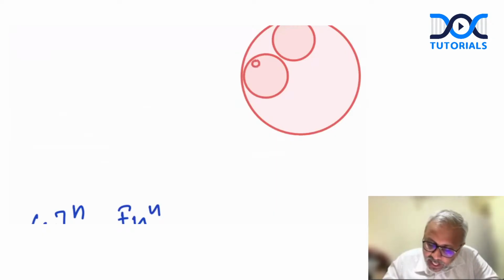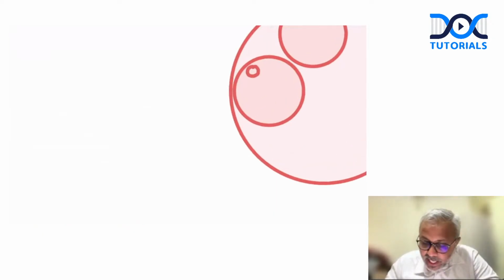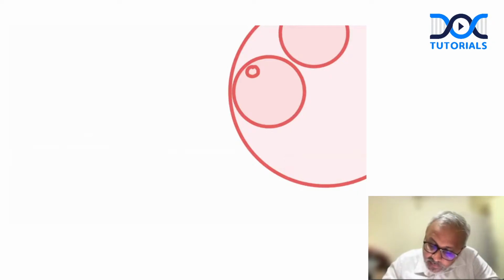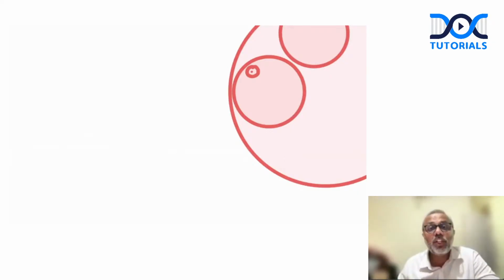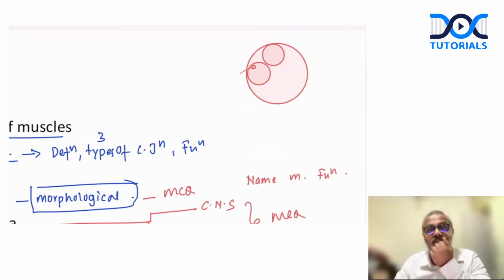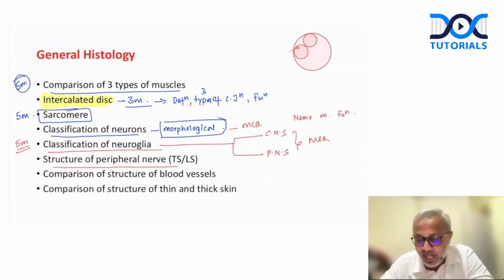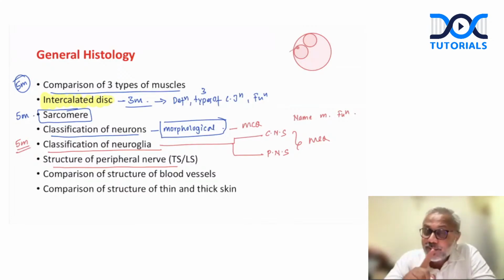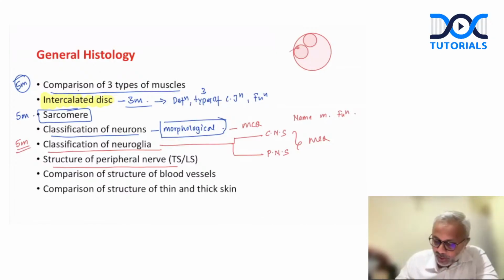We will have endoneurium. And inside the endoneurium, what do we have? We have the neuron. The surrounding space is what we refer to as the myelin sheath or the myelin space, right? Remember, the same structure holds good for transverse section of, yes, skeletal muscle. Right? Are we clear? So this is regarding the peripheral nerve diagram that you need to be prepared for.